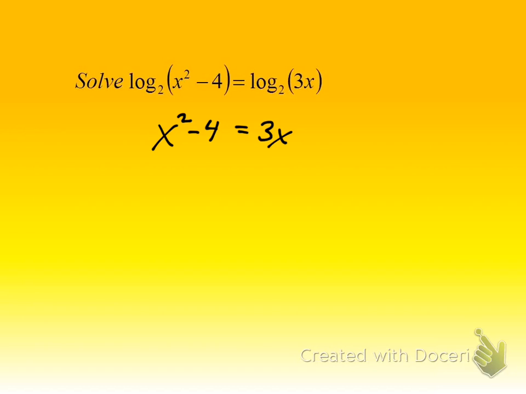Alright, and whenever you solve a quadratic equation, it has to equal what? Starts with a Z. Has to equal 0. Good. So we got to subtract the 3x over. So minus 3x minus 3x. So x squared minus 3x minus 4 equals 0.